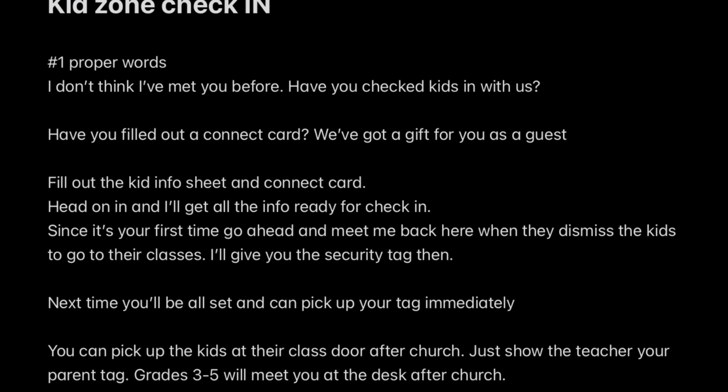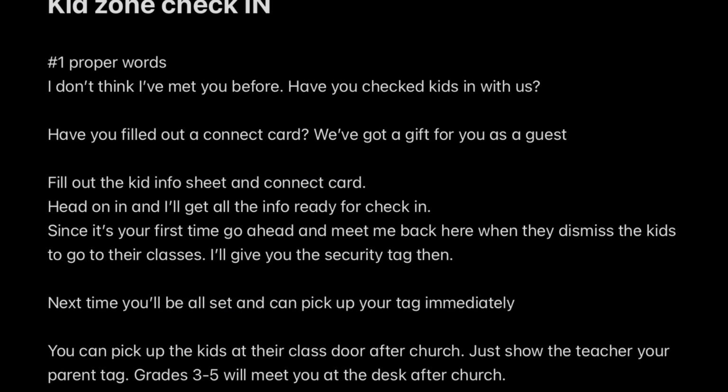So we've got a short form. That's where you get mom's name and phone, dad's name and phone, kid, allergies, diapers, potty trained, etc. That's where you get that information, and then you just send them in. Say, we're going to take care of you. Meet us after worship. They're going to dismiss the kids. I'll be out here waiting for you. I'll have all your information in.